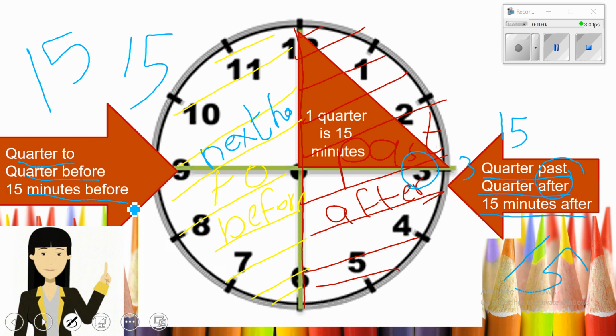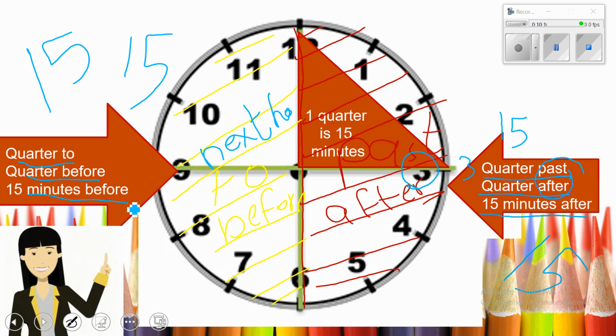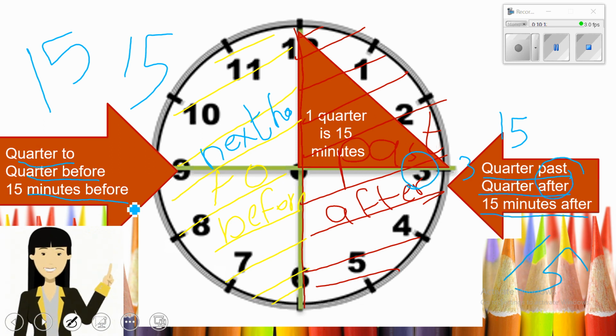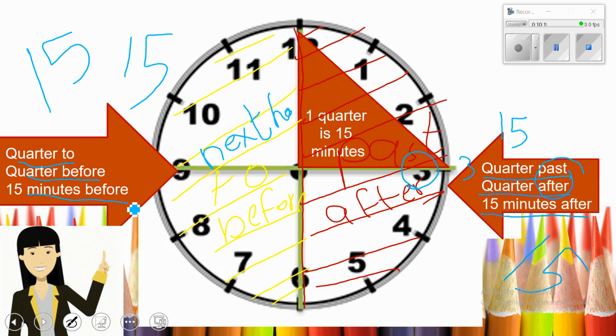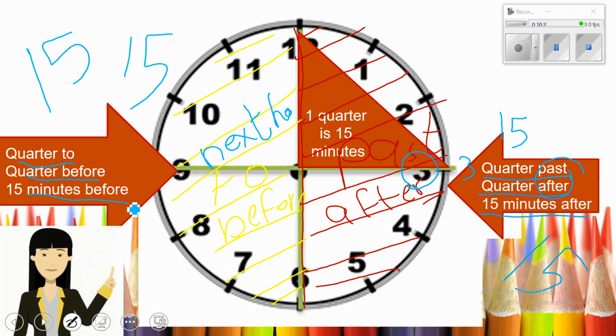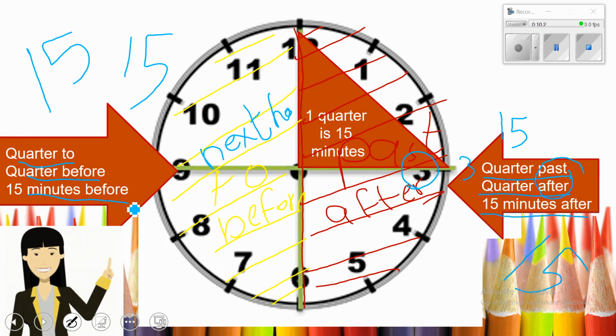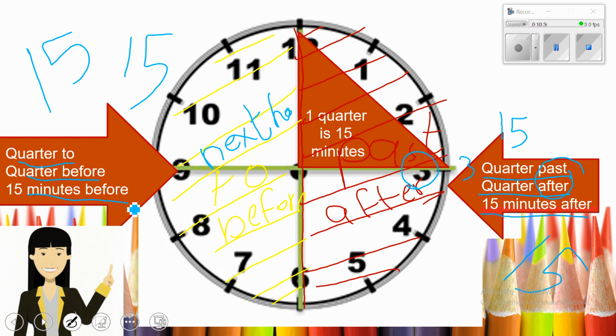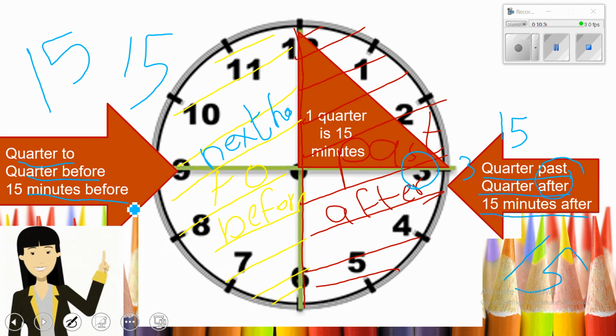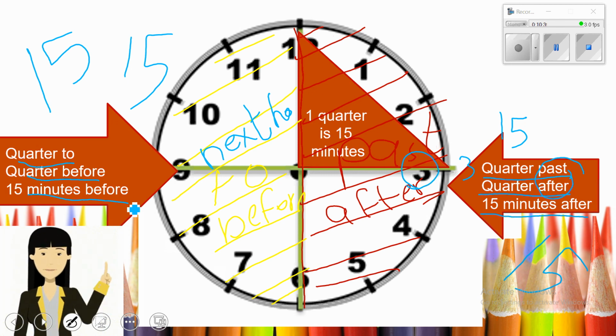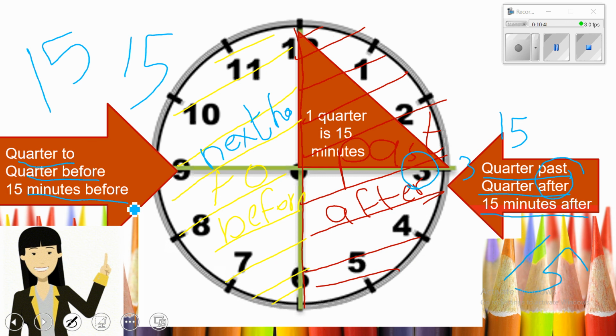So again, 3 is past, 3 is after, 9 is to, 9 is before, and the next hour. Let's see how I would do it.